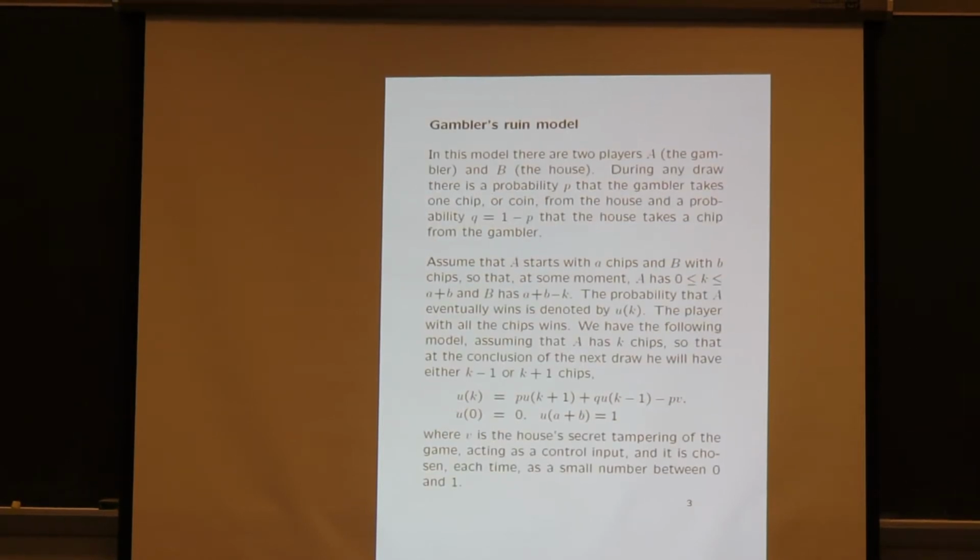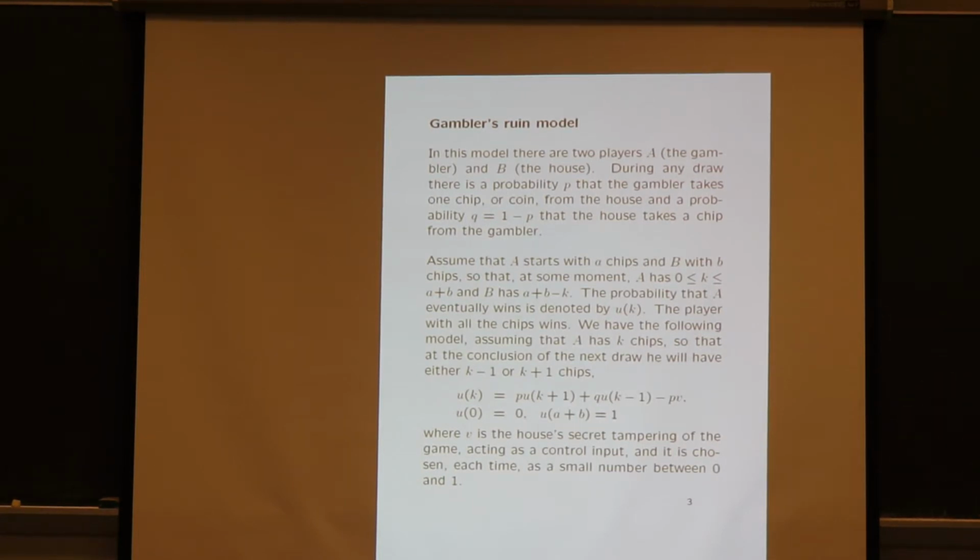So let's put an example to see how this can be quickly applied to a very simple model of a gambler, and to explain why gamblers usually ruin themselves by playing.